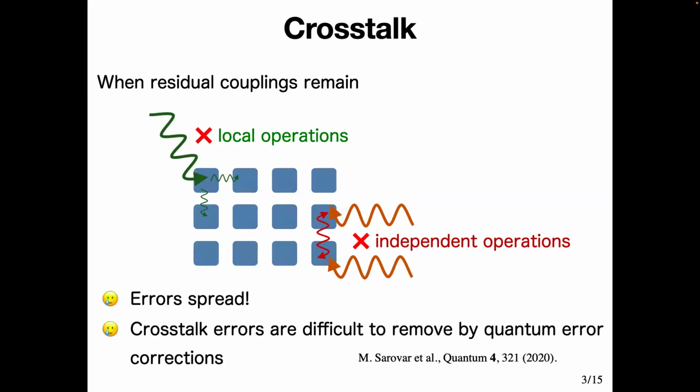In this way, due to the residual coupling, errors spread, and crosstalk errors are difficult to remove by quantum error corrections. So in order to build a large-scale quantum computer, we have to make a circuit with small residual couplings.